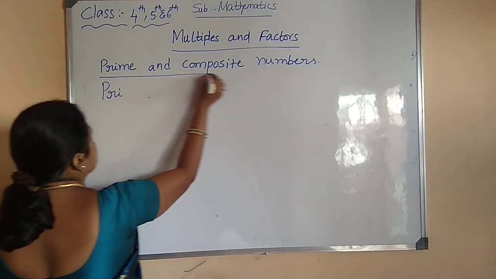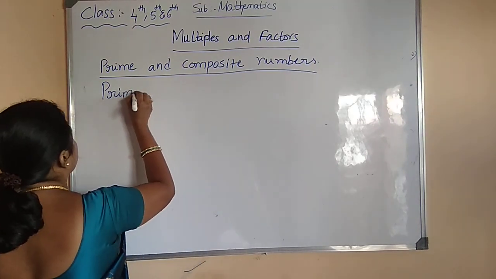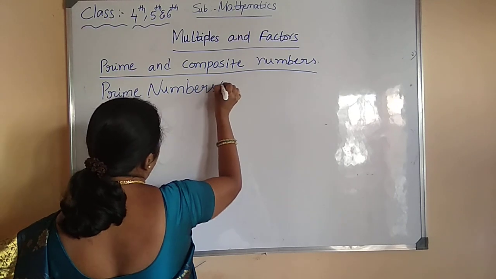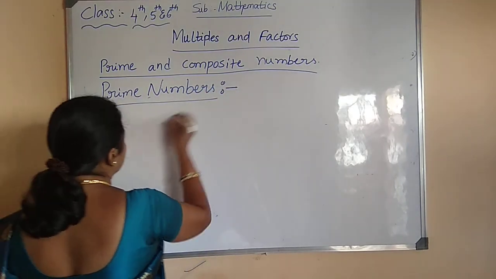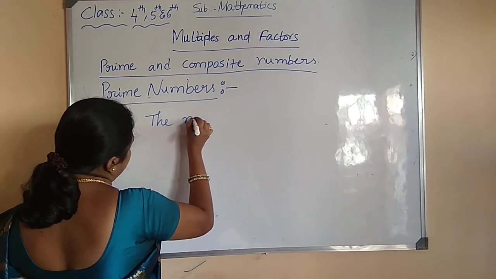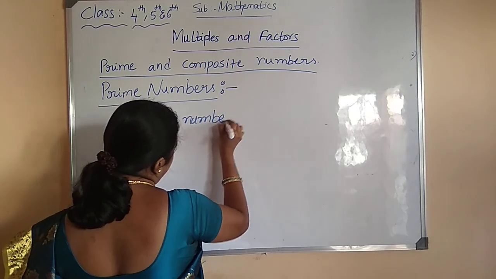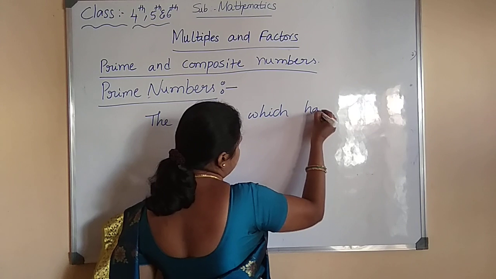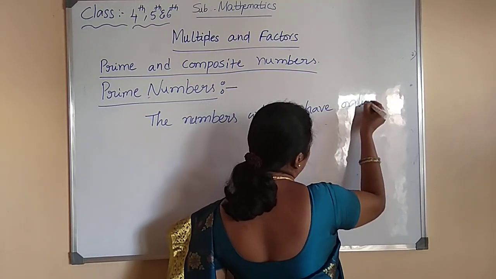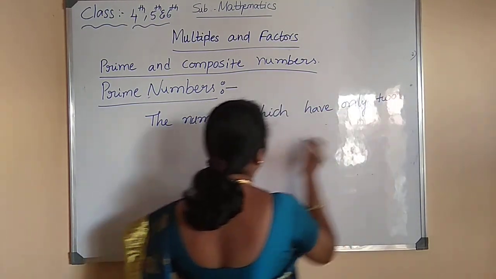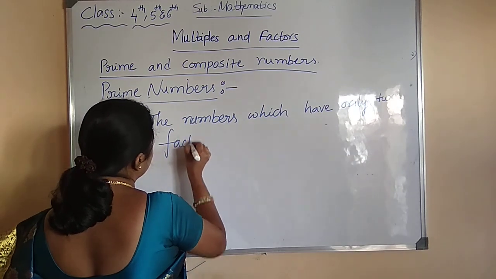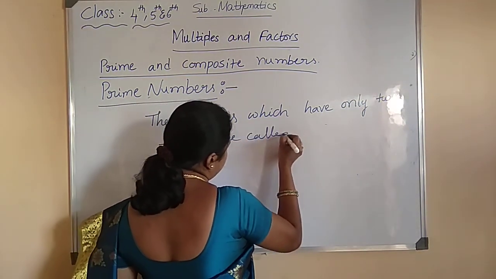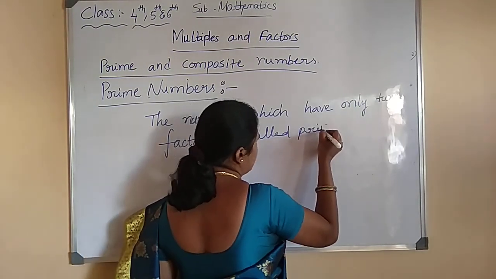Prime numbers: the numbers which have only 2 factors are called prime numbers.